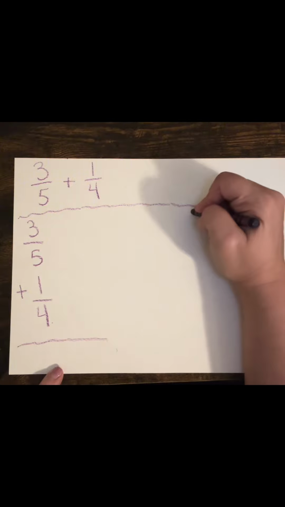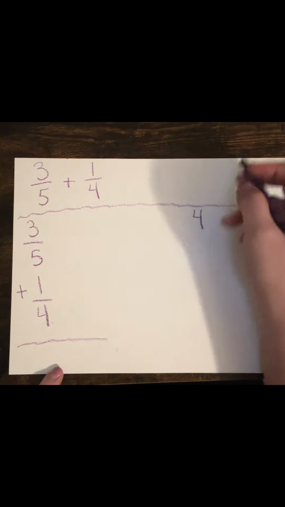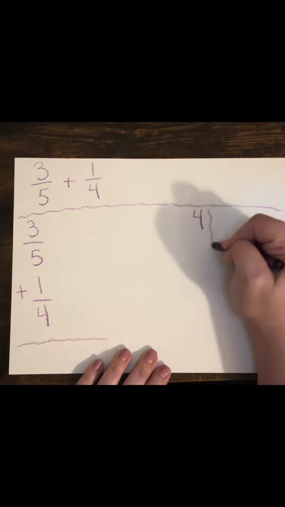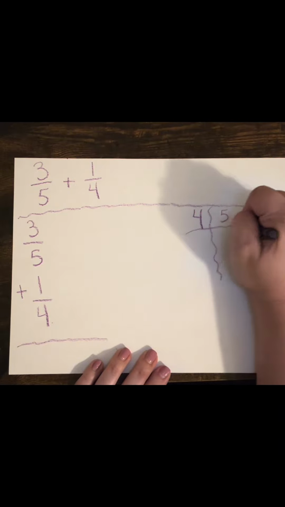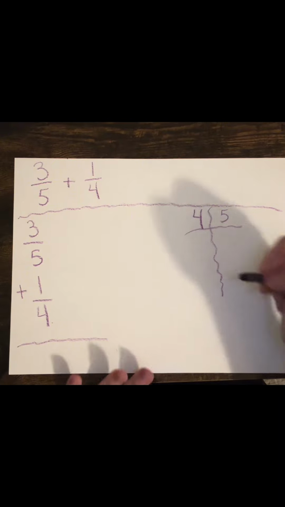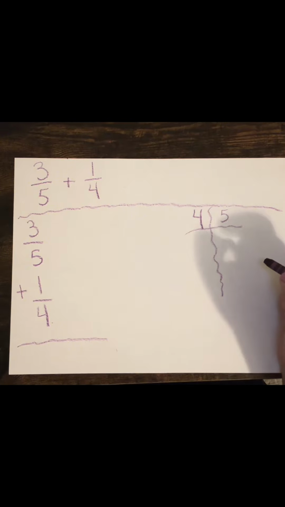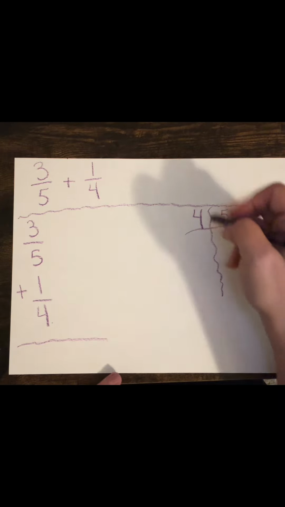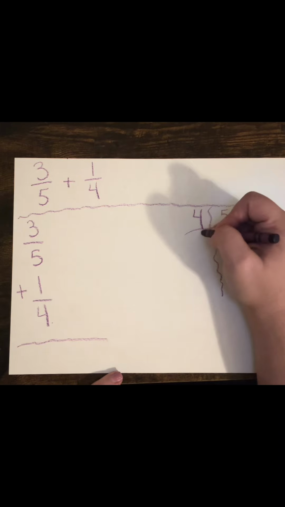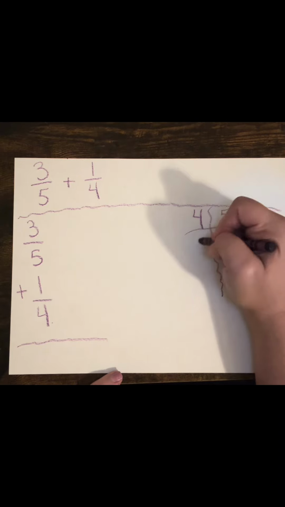So let's do as we did yesterday. So look over here. We're going to do our little T-chart with our current denominators, 4 and 5. And we are going to find the least common multiple so that we are able to get a common denominator. So let's see here, common multiples. So first we find the multiples of 4 by counting by 4s.